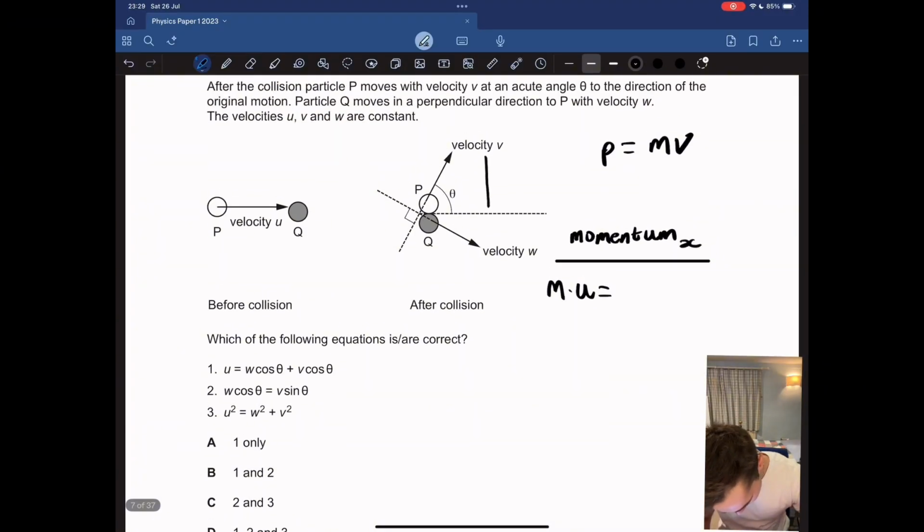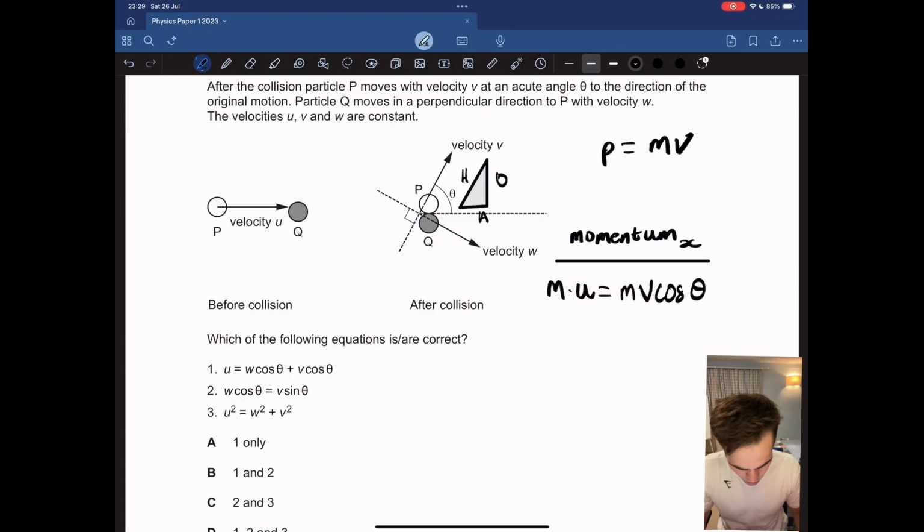This here, we've got a triangle forming, don't we? Wow, I didn't know I did that. Okay, cool. So we have our opposite, our adjacent, and our hypotenuse. For P, we're going to be using cos to find our x component, so that is mv cos theta. And for W, we use cos, but the angle is different.